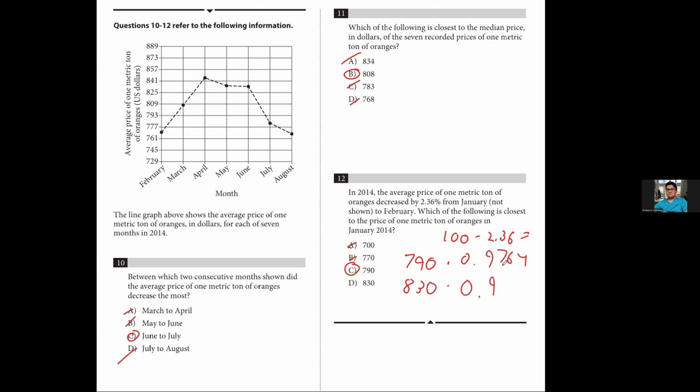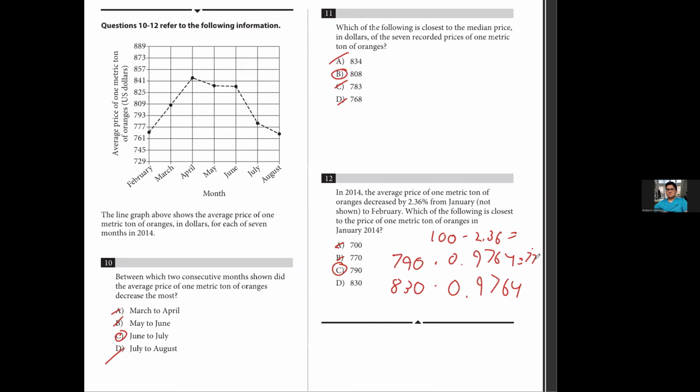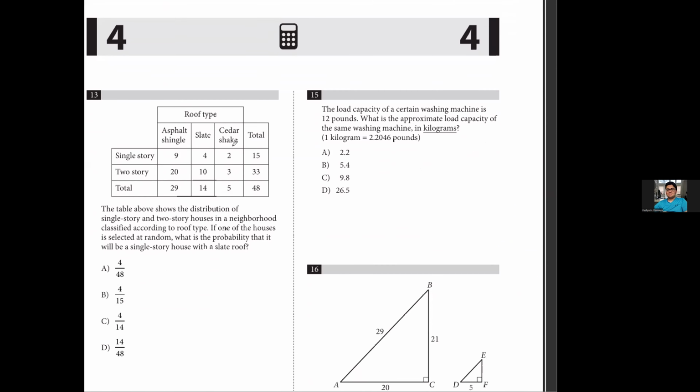So times 0.9764 gets us approximately 771, which is approximately the number for February. So the correct answer is C. Okay, question 13.